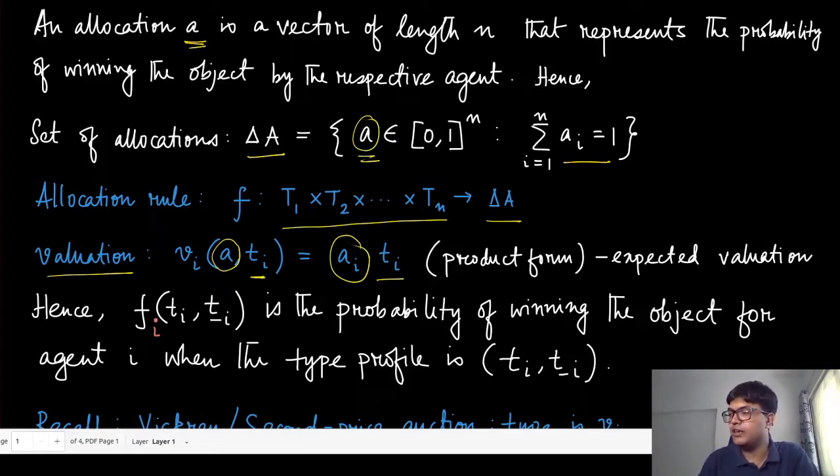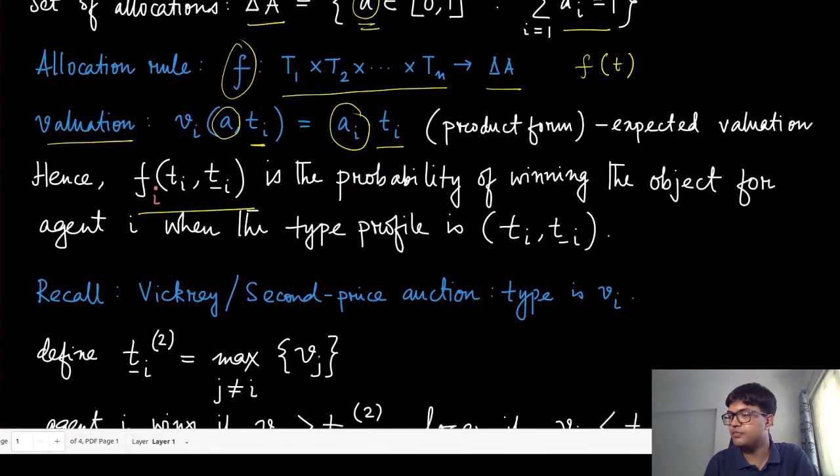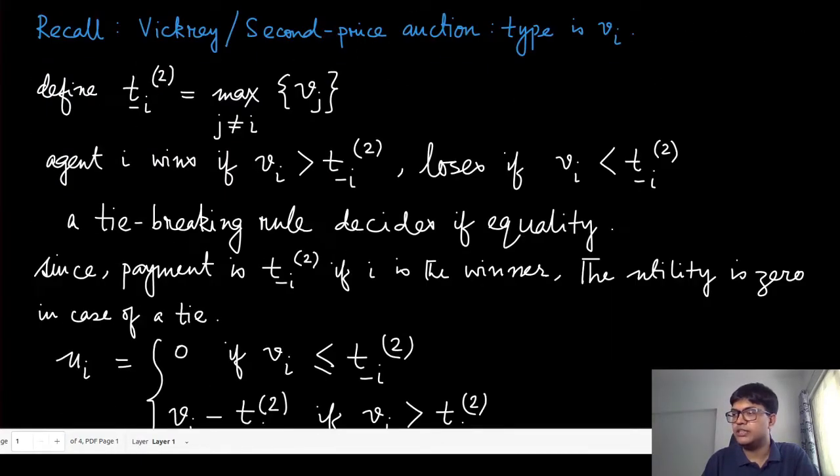So this product is giving it the expected valuation. Similarly, when we are talking about f of t, if we look at the function f and apply it using the type report of all the agents as its argument, then we get a vector whose ith component is nothing but the probability of winning the object for that agent i. Now let us try to familiarize ourselves with this notation by looking at one of the much discussed examples, the second price auction, the Vickrey auction.